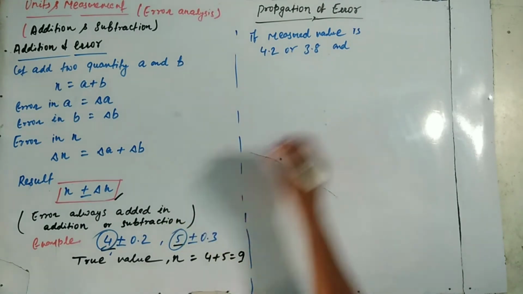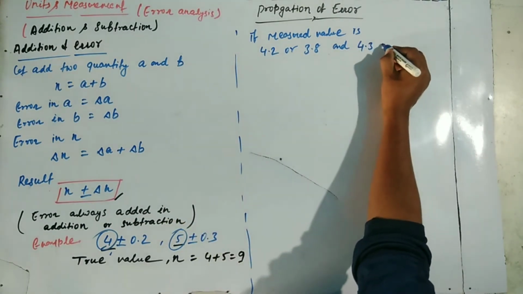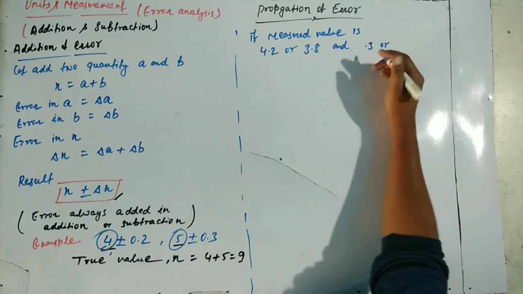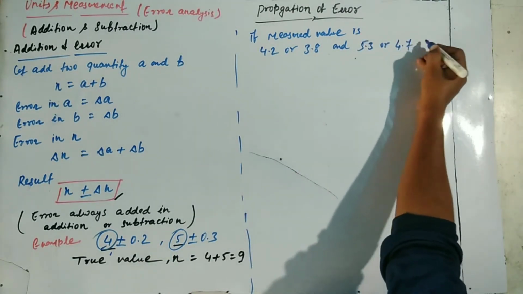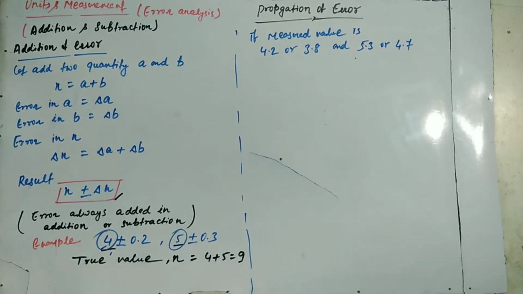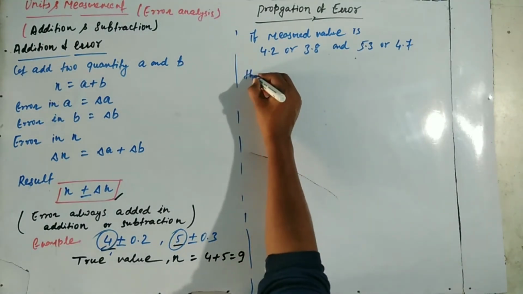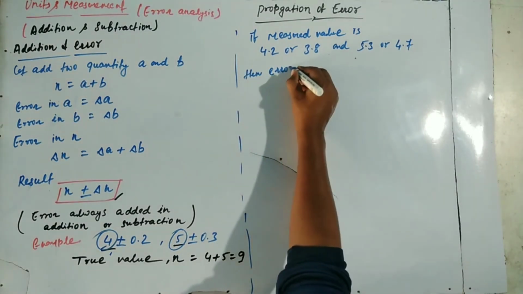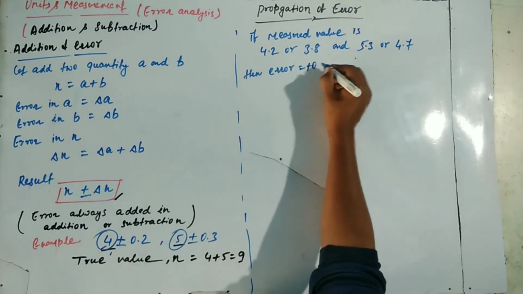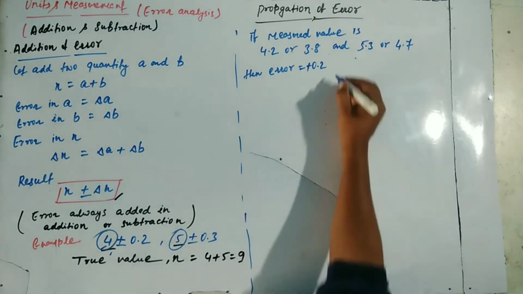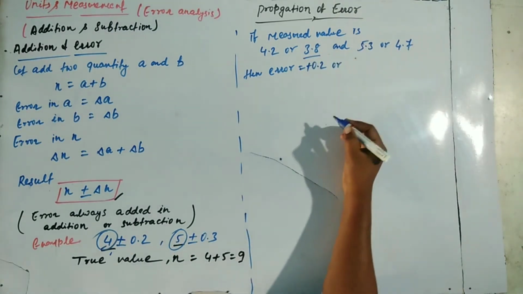So if the measured value is 4.2 or 3.8, 4.2 means the error is plus 0.2 and 3.8 means minus 0.2. In the same way, 5.3 means plus 0.3 error and 4.7 means minus 0.3 error.